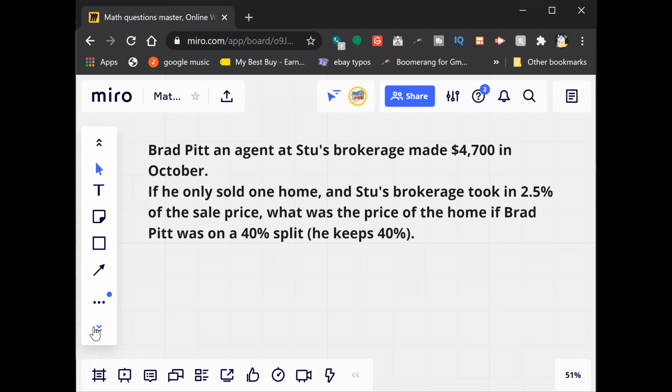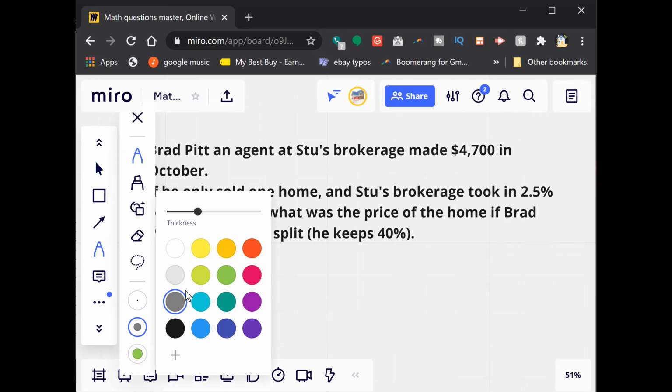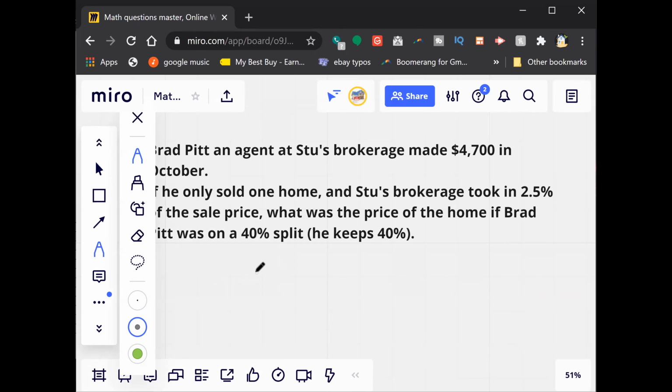So what would we do first? And I think that's always the most difficult question to ask, okay? What is our first step? So someone said $4,700 multiplied by 2.5%.